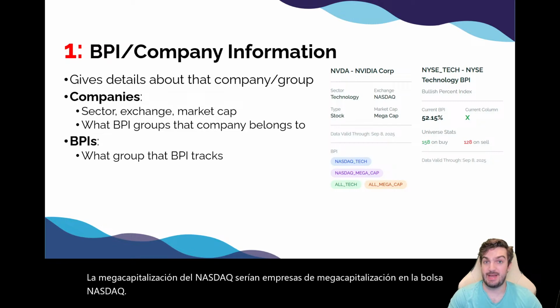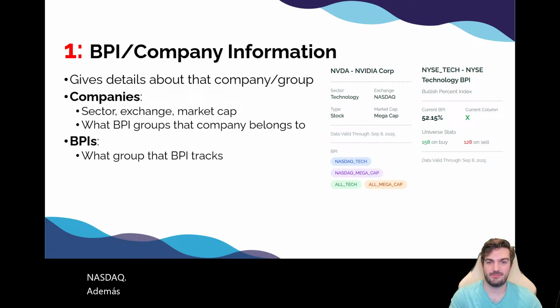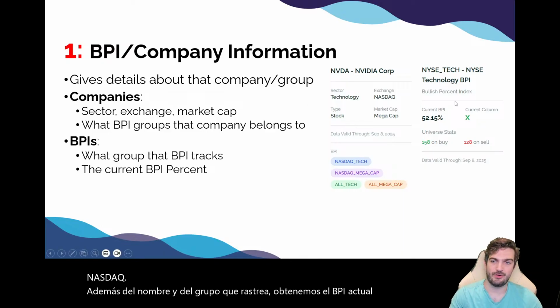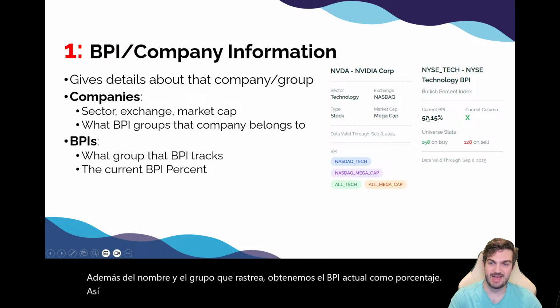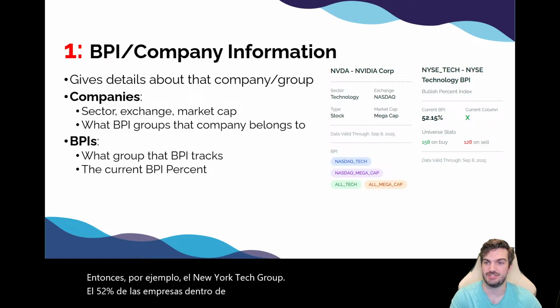In addition to the name and what group it tracks, we get the current BPI as a percentage. So for example, for the New York Tech group, 52% of the companies within the New York Stock Exchange technology sector are currently on point and figure buy signals.